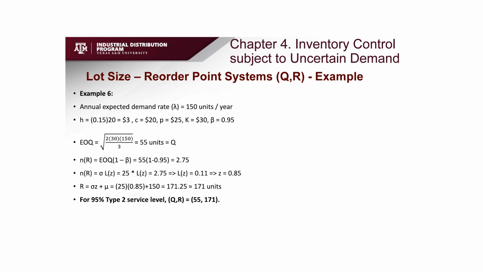From the loss table, that's z equals 0.85. Then R equals sigma z plus mu, 25 times 0.85 plus 150, about 171. The type 2 policy is 55, 171. And notice R dropped from 191 to 171: same 95% label, very different reorder point, right?